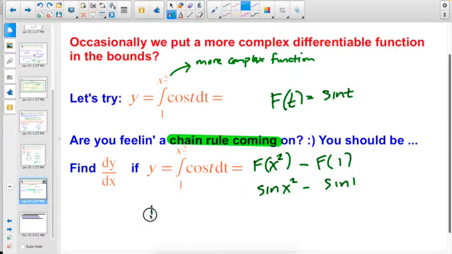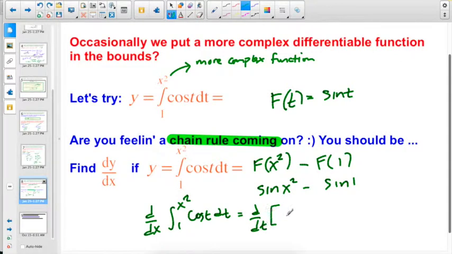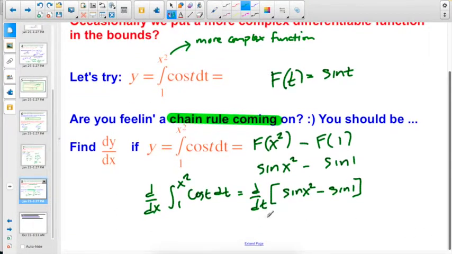So if we take the derivative of this function that we just found, which is the antiderivative here, that's like just taking the derivative of this function here. And if you notice, since we've substituted in the upper and lower bounds, we're now being asked to take the derivative of a function that has a nested function inside.